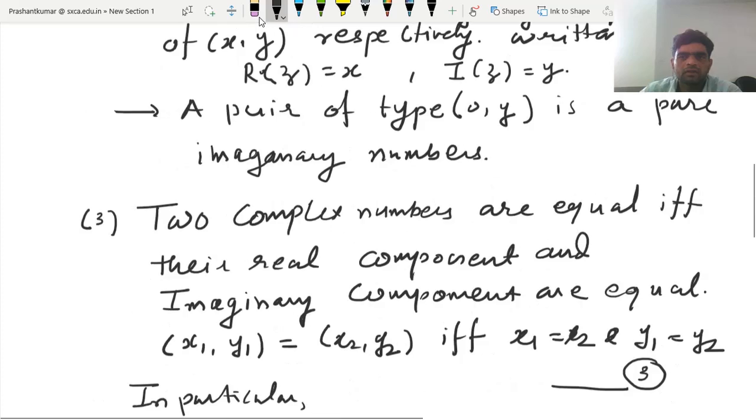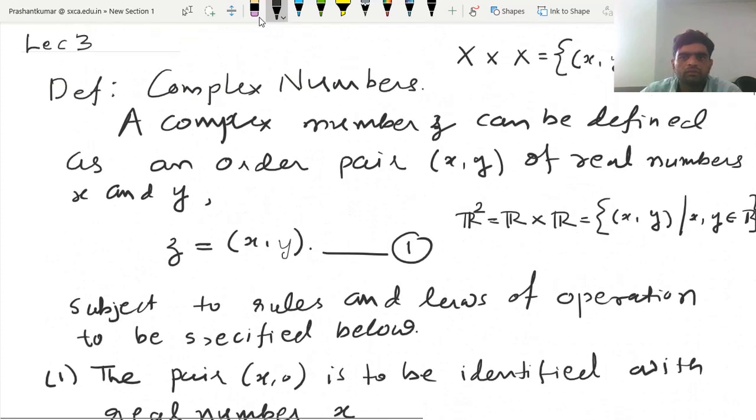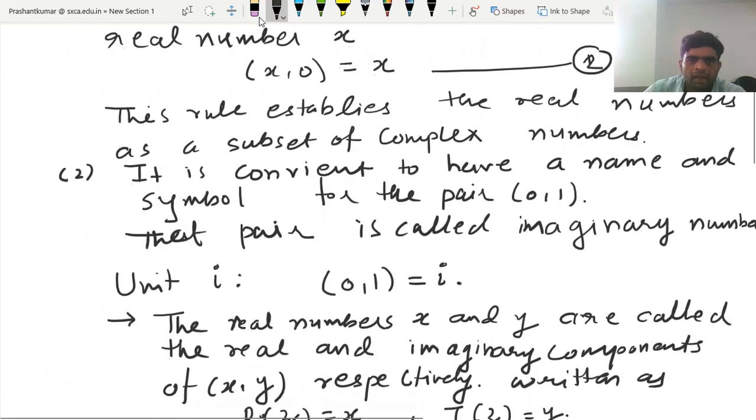So let us revise what we have done. I am calling this equation 1, which is the definition of the ordered pair. I am calling this equation 2, which says that the ordered pair x comma 0 is denoted as x.